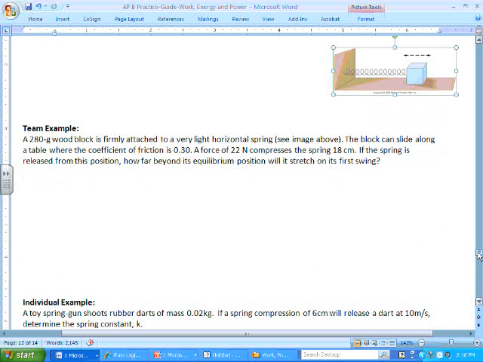The block can slide along a table where there's a coefficient of friction of 0.30, and a 22 newton force compresses this spring 18 centimeters. If the spring is released from this position, how far beyond its equilibrium point will it stretch on its first swing? Okay, give that a try and check your work when you're ready.